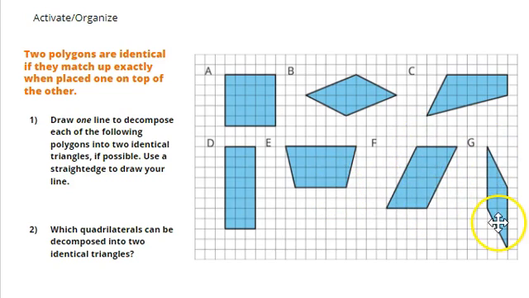F, you can, and G, you can. So really, it's only C and E that you can't. So E and C, while they both are quadrilaterals, they can't make identical triangles when you cut them apart.